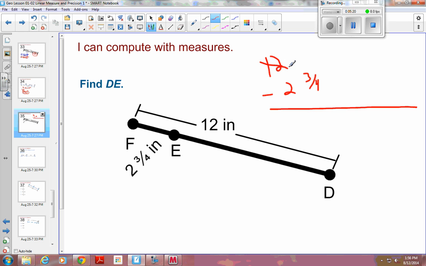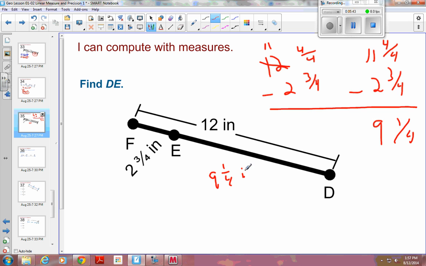So when you borrow 1 from the 12, it becomes 11 4/4. So we're at 11 4/4 minus 2 3/4, and 4/4 minus 3/4 is 1/4, and 11 minus 2 would be 9. So final answer, that's going to be 9 1/4 inch right here. From D to E is 9 1/4 inch.